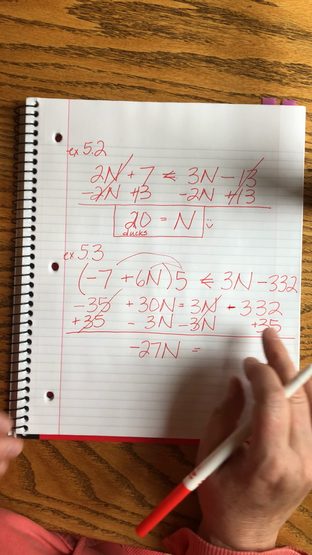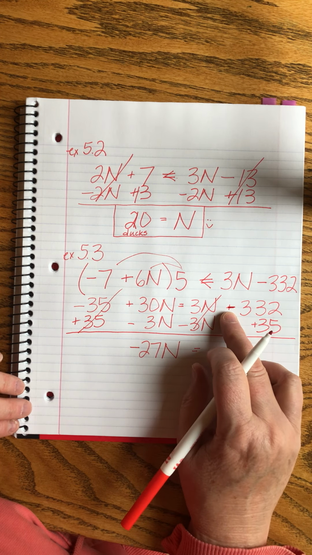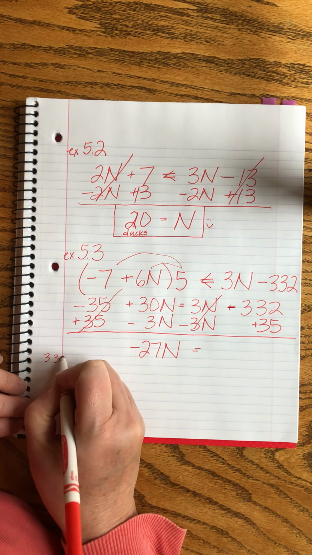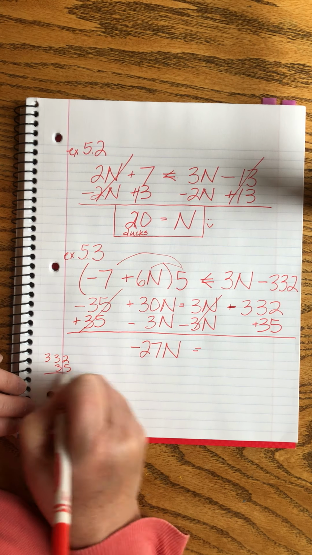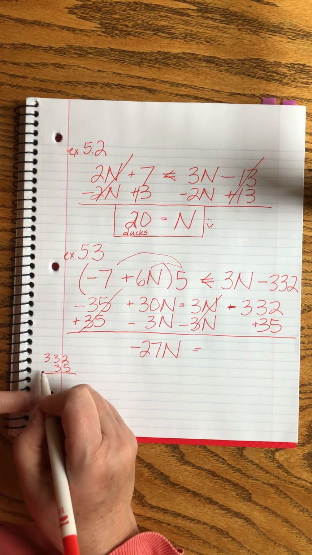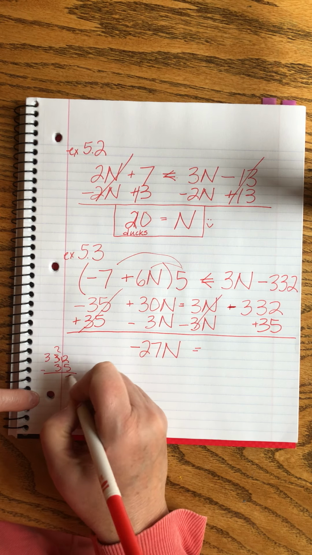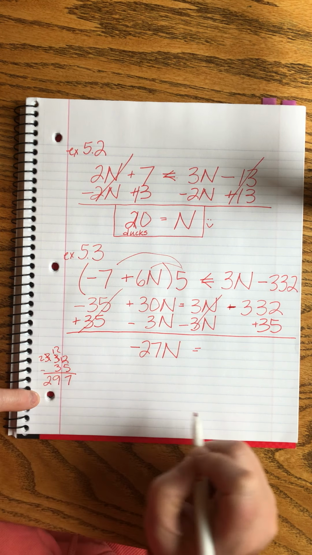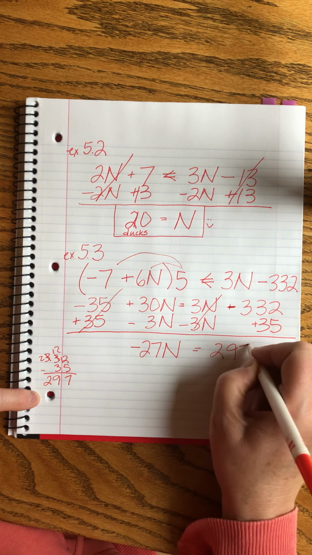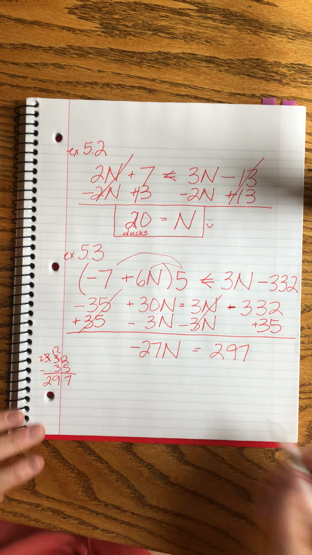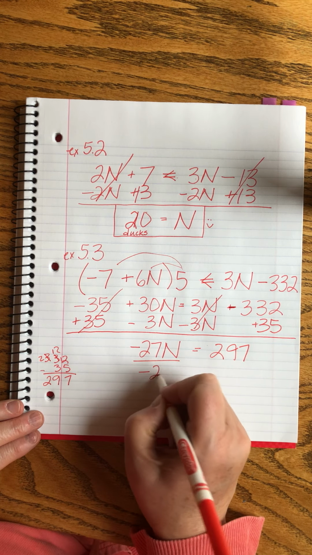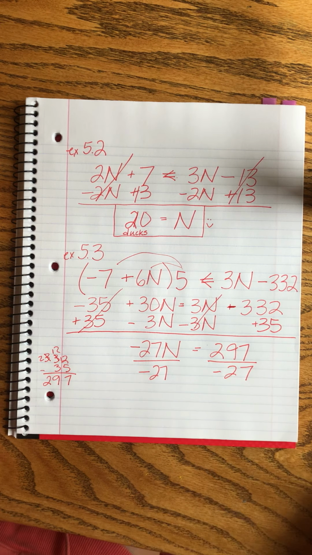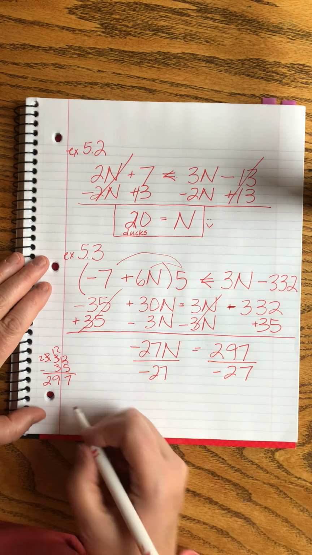I know that my answer is going to be negative because the negative number is way bigger, but the 35 has to be subtracted from the 332 in order to find the difference between those two numbers. 297. Okay? I would panic at this step, but I already know that 27 goes into 297 cleanly. I'll show you.